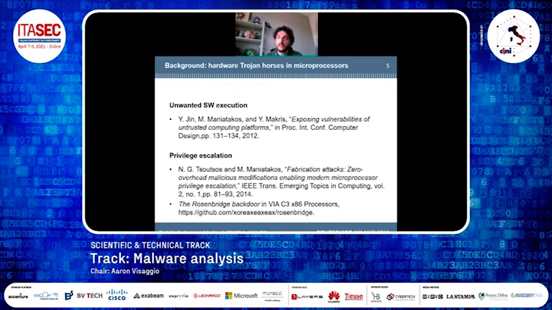These are hardware modifications of the microprocessor that can be activated via software and that, in the first case, allow the attacker to exploit an unwanted, unauthorized software in the operating system. In the last two cases, the Trojan allows the attacker to gain unauthorized privileges, so to become root in the operating system. So, I repeat, this is a Trojan in the hardware, in the microprocessor, that is exploited via software to gain privileges over the operating system.